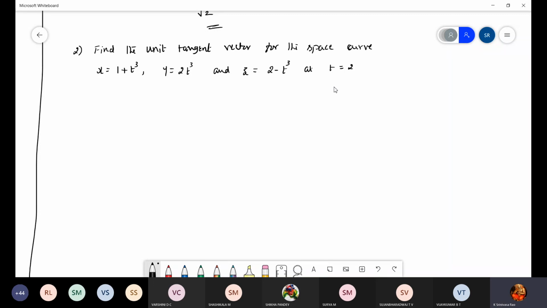So they will give it in a different way. In the first problem it is given directly, but now it is given in an indirect way. That is, x is given, y is given, z is given.